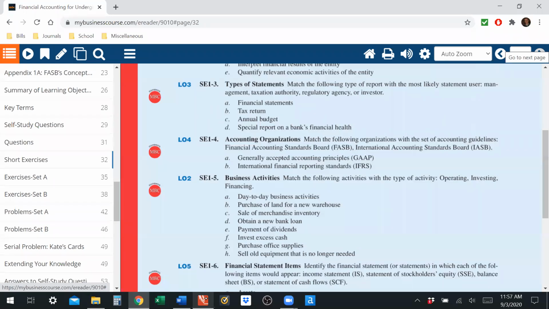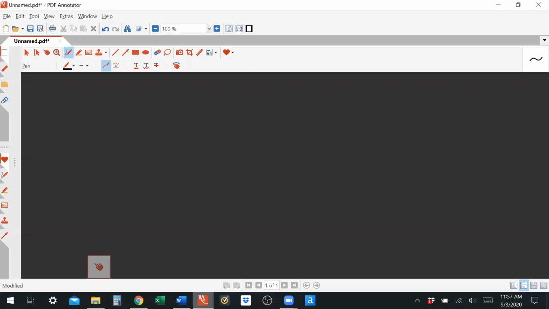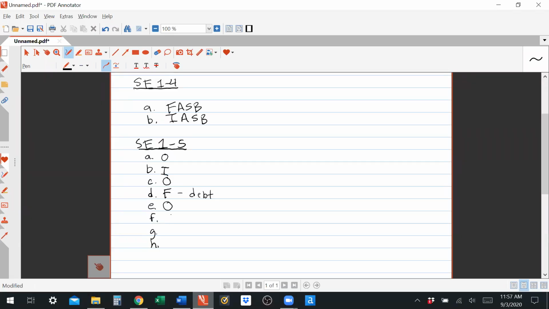F, investing excess cash. Right, exactly. Somebody says O. Investing excess cash. I mean, the word itself, investing activity. So sometimes there can be a little ambiguity.